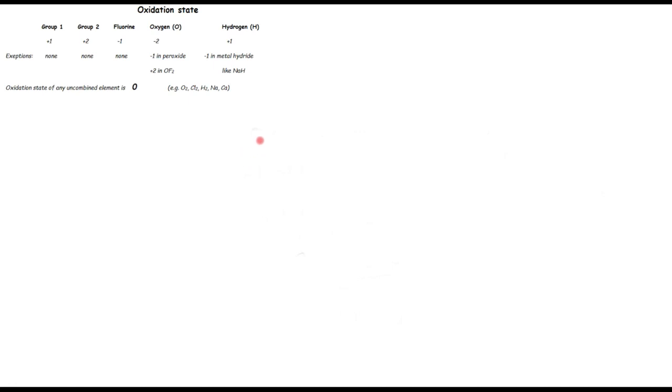Let's do one more example. Calculate the oxidation states of individual atoms in nitric acid. For oxygen, we will find in our table -2, for hydrogen +1, and for nitrogen X, which represents unknown.